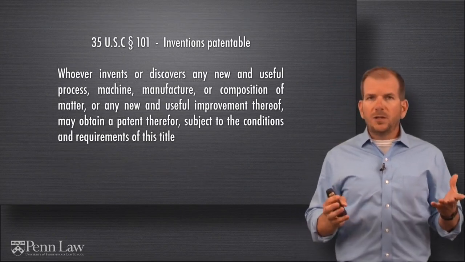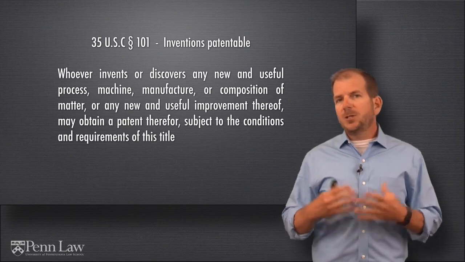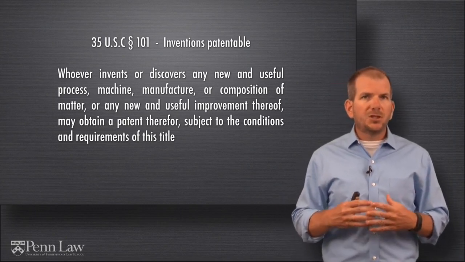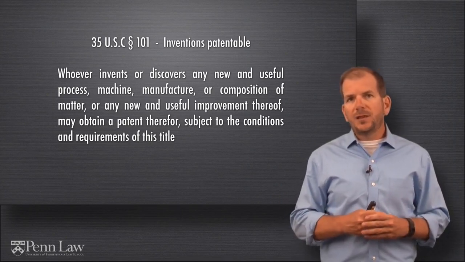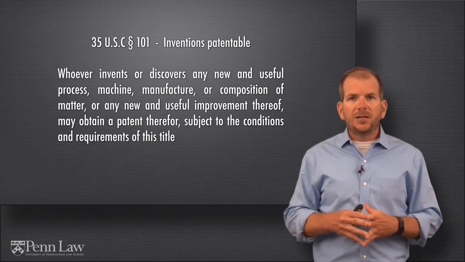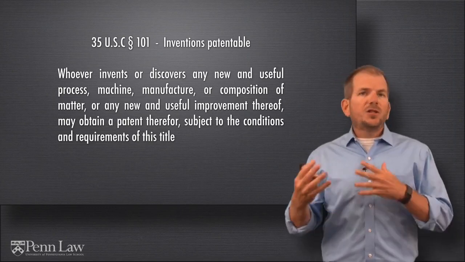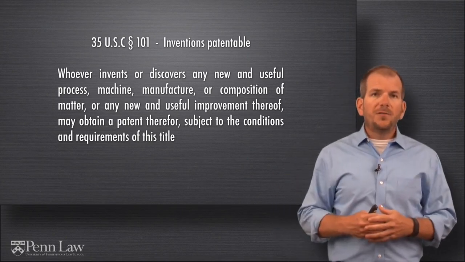Section 101 is a relatively straightforward section of the patent law and simply says whoever invents or discovers any new and useful process, machine, manufacture, or composition of matter, or any new and useful improvement thereof may obtain a patent subject to the conditions and requirements of this title. Note that the structure of Section 101 is that it is the first part of the patent statute.